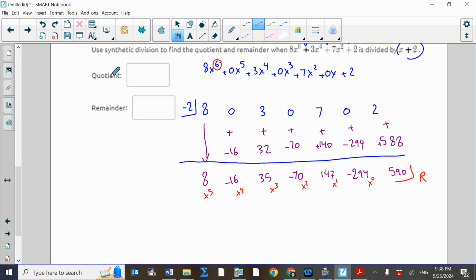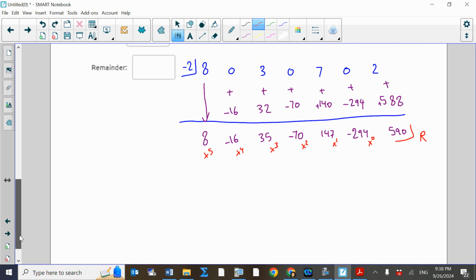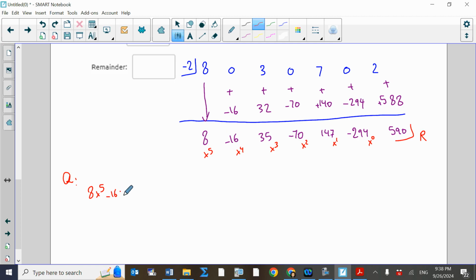Now, I'm going to write the quotient here. I don't have a space here. I'm going to write that here. The quotient is 8 times x to the 5, negative 16 times x to the 4, 35 times x to the 3, minus 70 times x squared, plus 147 times x, minus 294. x to the 0, we know that anything to the power of 0 is equal to 1.